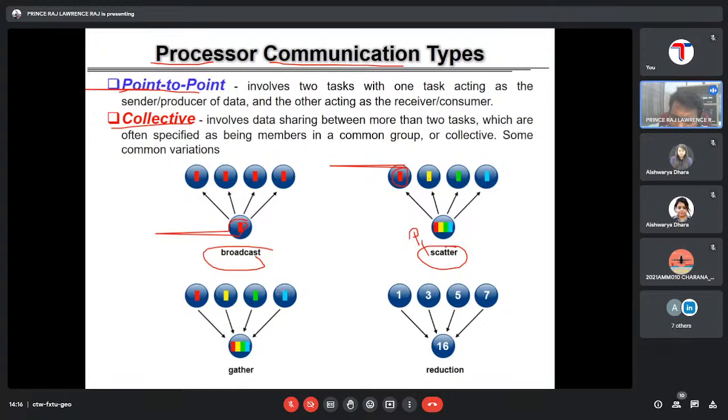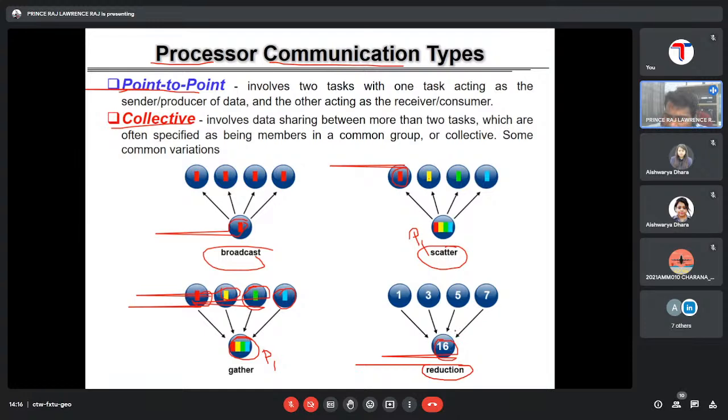That data will be different, that doesn't matter, but it is collected by a single processor. For example, processor 1 will collect all the data from the other processors. That is your gather. Then reduction. Reduction is an important function. It will do some arithmetic operations, for example multiplication or addition.